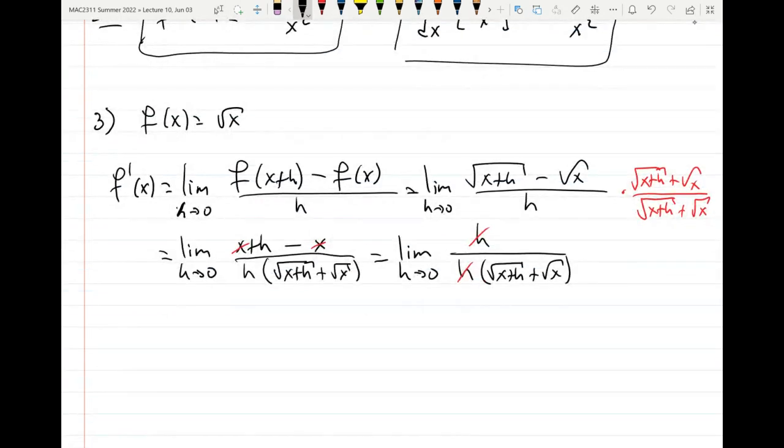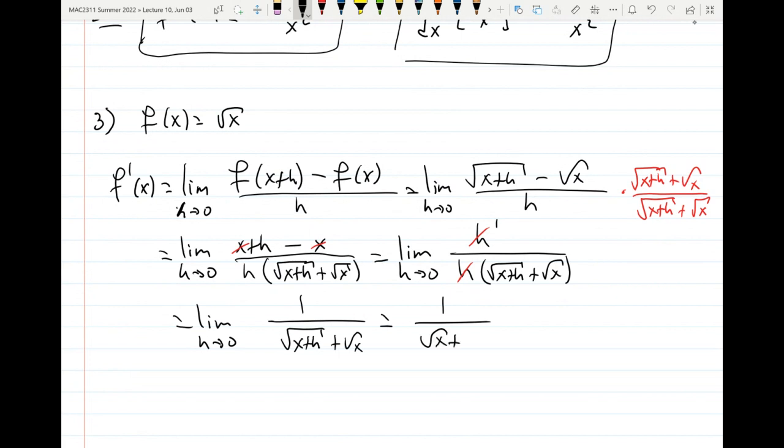So we end up with the limit as h approaches 0 of 1 over the square root of x plus h plus square root of x. And we take this limit as h approaches 0, we get square root of x plus square root of x in the bottom, which is 1 over 2 square root of x.